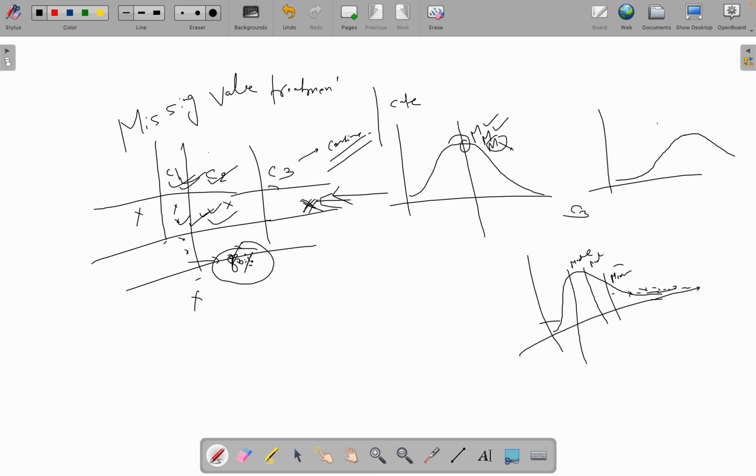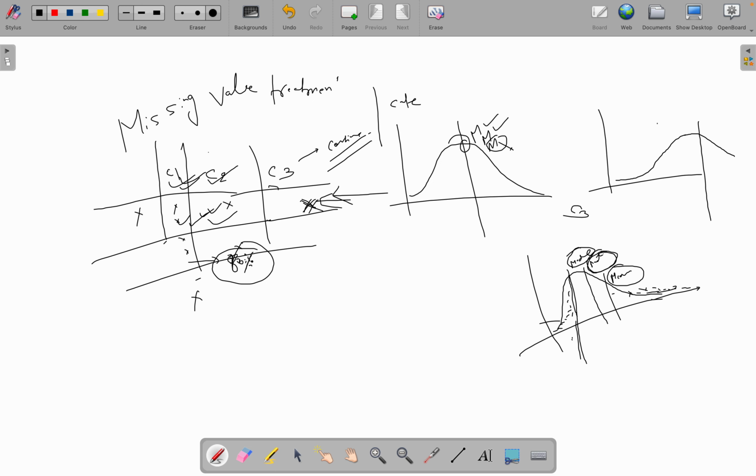So substituting with the mean will not be a good option, so always go with the median. Okay, because mode value is also, if you see the distribution, this is actually not your middle point of the data. Okay, so that is where the median value comes in.